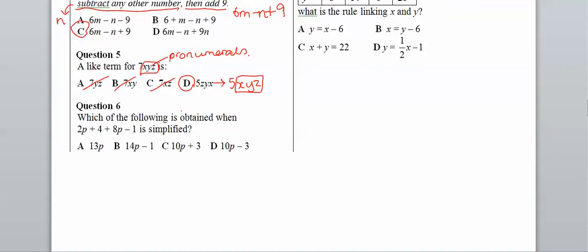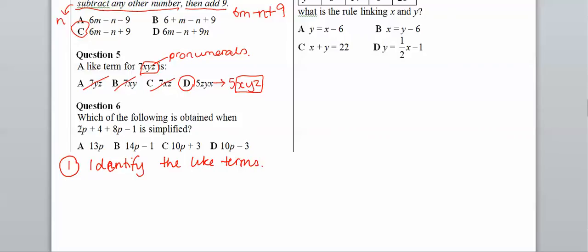Our next question. Question 6. Which of the following is obtained when 2p plus 4 plus 8p minus 1 is simplified? So remember, our first step here is to identify the like terms.